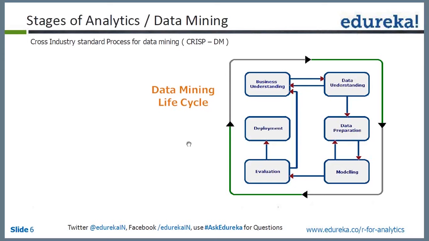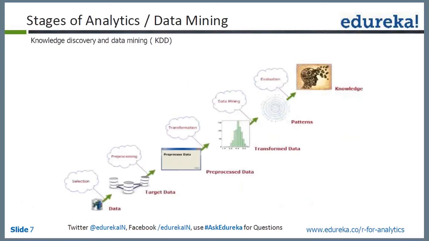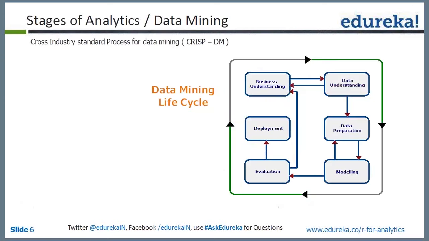Okay, and there are a few models here. It's called cross industry, one of the models of data mining. There are a few models, like CRISP, and you have SEMMA, another model, and you also have knowledge discovery and data mining.